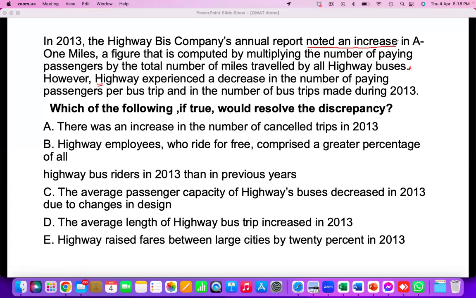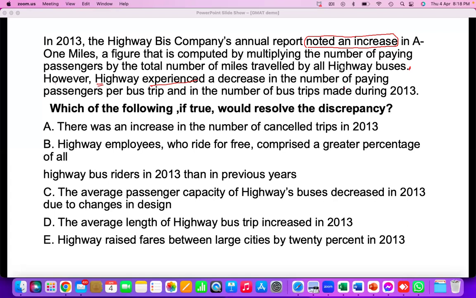So noted an increase, this is an observation, so this is conclusion. And this is also observation. So the entire thing is the conclusion.